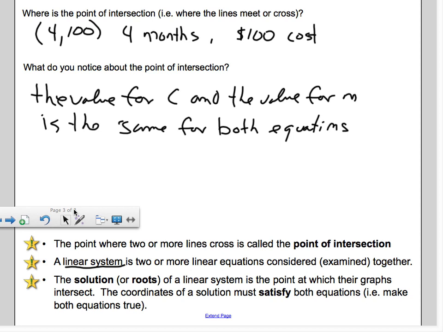That is the point of intersection. The coordinates of a solution must satisfy both equations. That is, make both equations true.